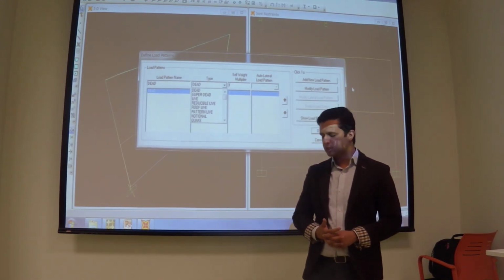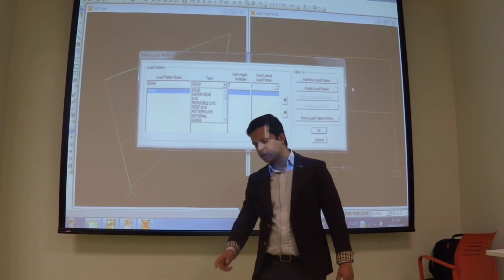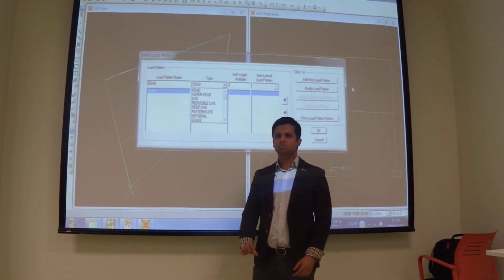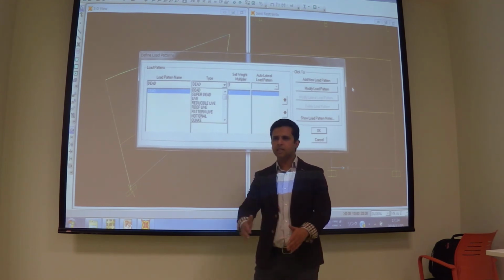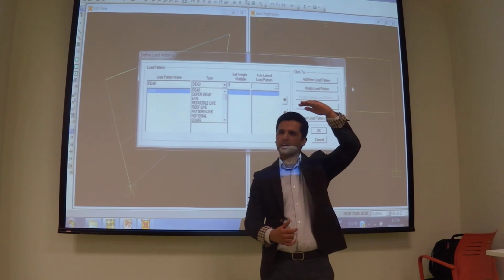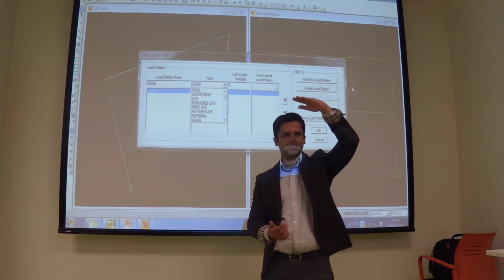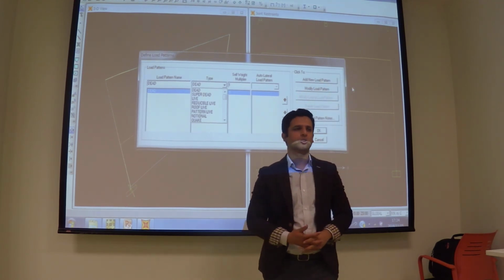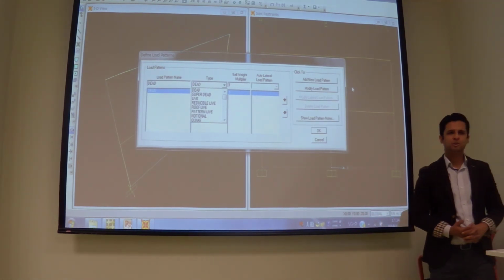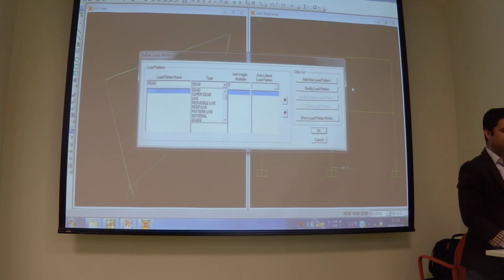And super dead load, for example, if you put tiles on this floor, if you put sand, if you put any thick layer of any material on this floor, that becomes super dead load, which is above dead. Do you understand? Yes. So that we call super dead load. Okay, but there is no super live load. Okay.